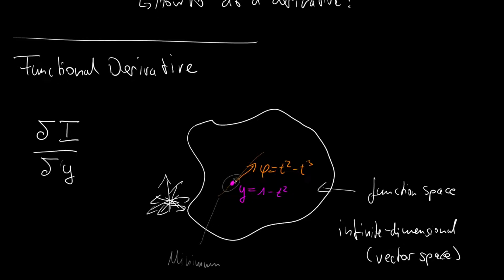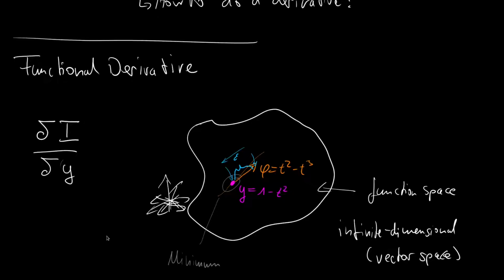We can move a little bit alongside this direction, and we call this little bit epsilon. Then we evaluate the solution once here, take the difference, and let epsilon slowly move towards 0 so that we only have the actual solution, and we get the derivative.